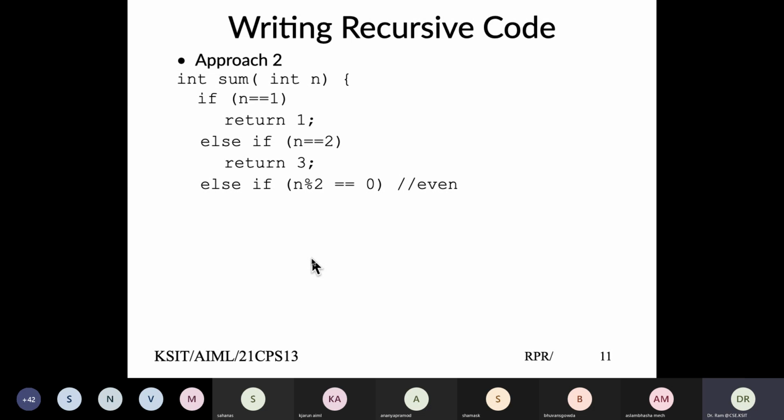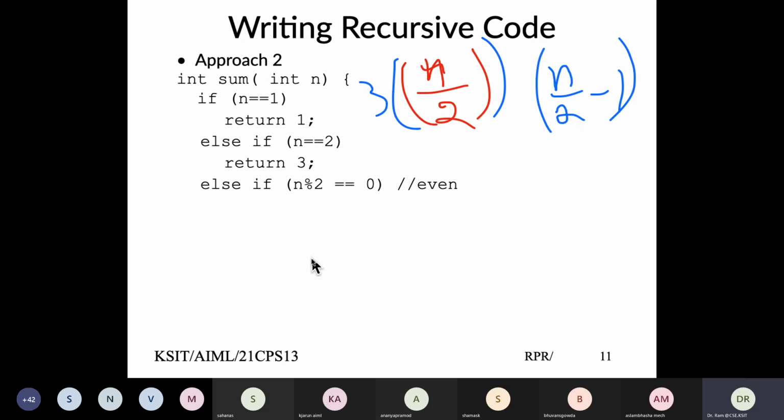There are 3 subproblems of size n by 2, and one problem of size n by 2 minus 1. So what should my answer be here? If n is even, what should I return?